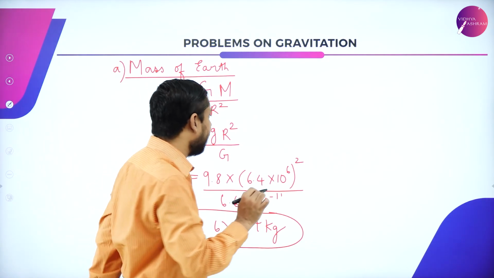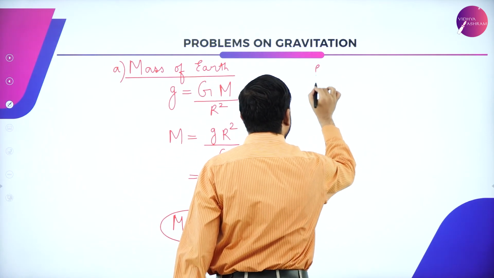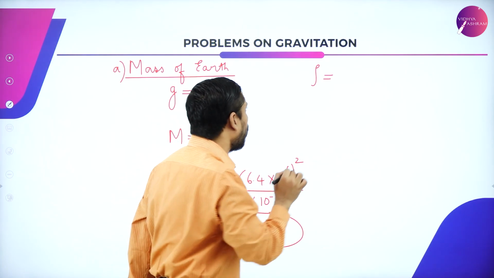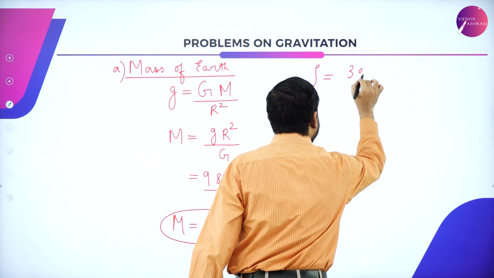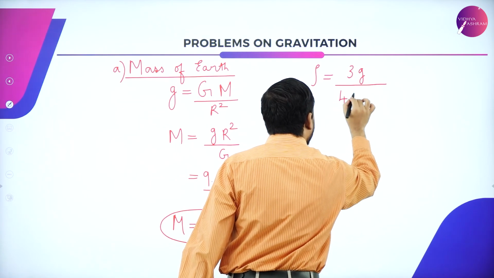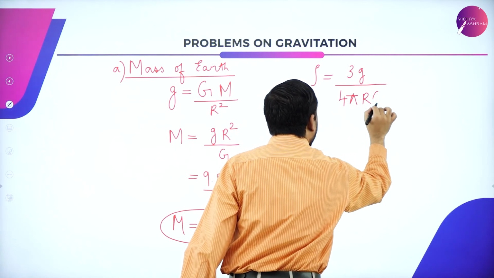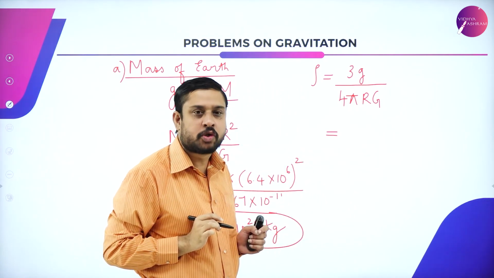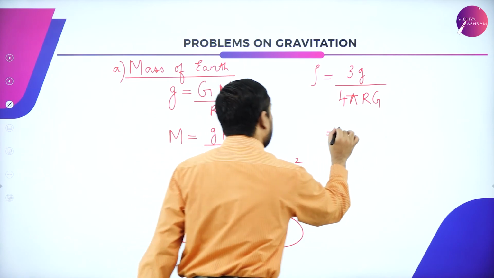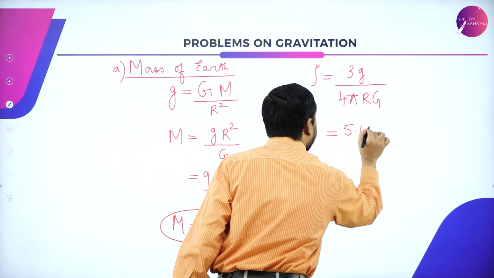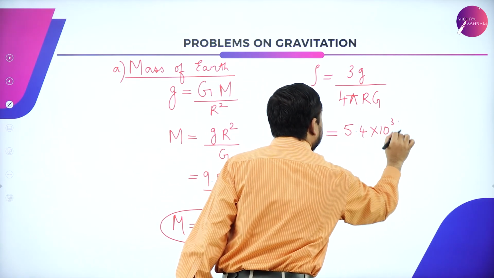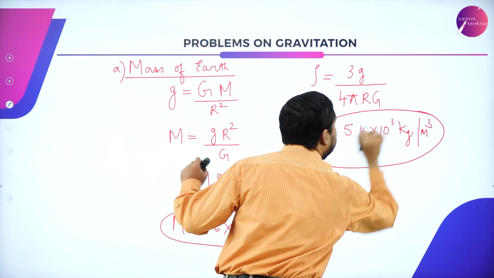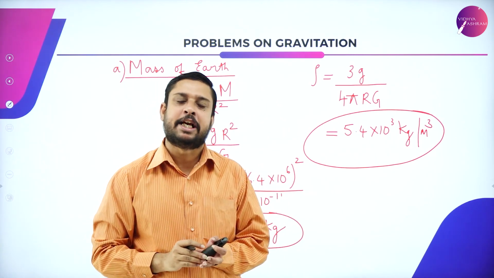Now calculating its density. Density is represented by rho, 3g divided by 4 pi R capital G. Again, I leave the substitution to you. So this turns out to be 5.4 into 10 power 3 kg per meter cube. And this is the density of the earth.